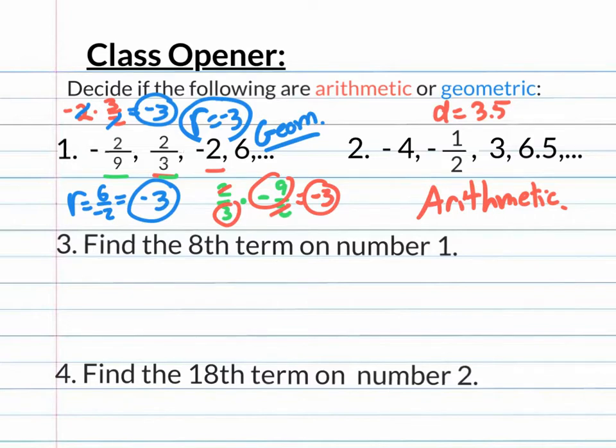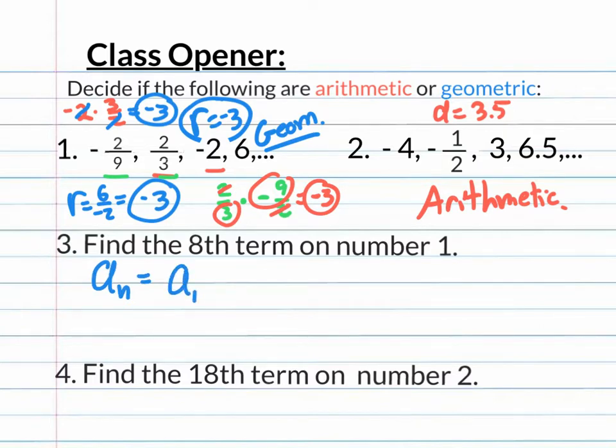So the best way, what I would do to find any number that you want, in this case a sub 8, I would find the a sub n rule for this geometric sequence. So hopefully we have this memorized. The a sub n rule for a geometric sequence is a sub n equals, you always begin with a sub 1, the first number on your list.